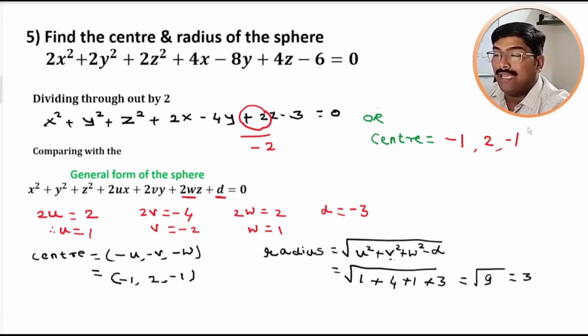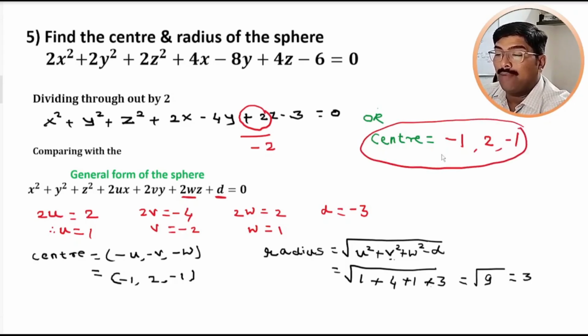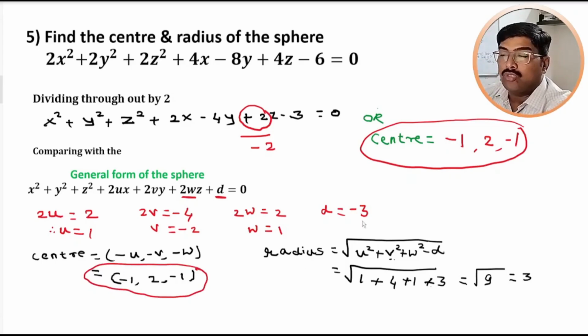Now you can see this center is equal to minus 1, 2 and minus 1, and here also we have obtained the value of center is equal to minus 1, 2 and minus 1. So we can find the center directly by dividing the coefficient of x, y and z by minus 2. The condition is the coefficient of x square, y square and z square must be equal to 1.